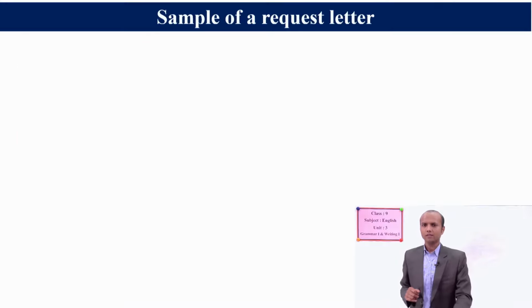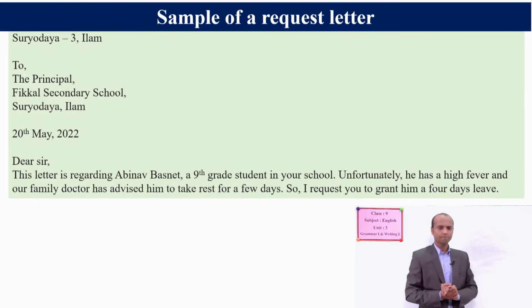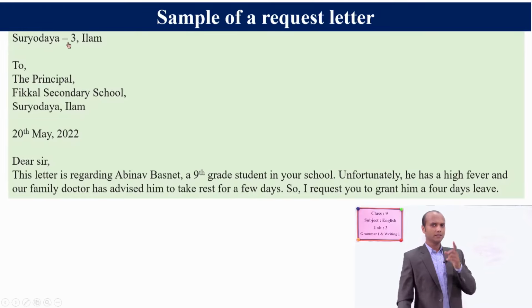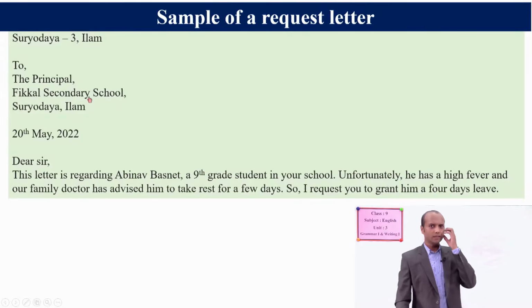So let's try to visualize the parts in the sample that I have presented earlier. What is it? Good, this is the sender's address. And this all is to the principal, Fikal Secondary School, Suryodaya Ilam. This is the receiver's address. And when was the letter written? Good, 20th May 2022.